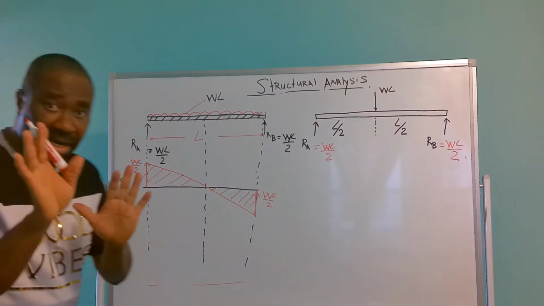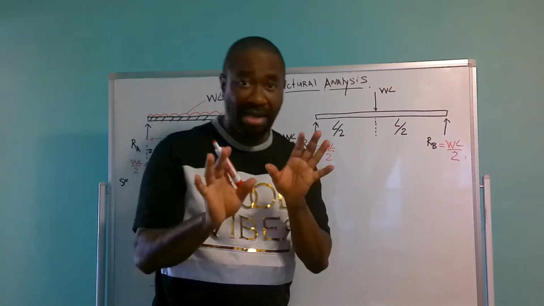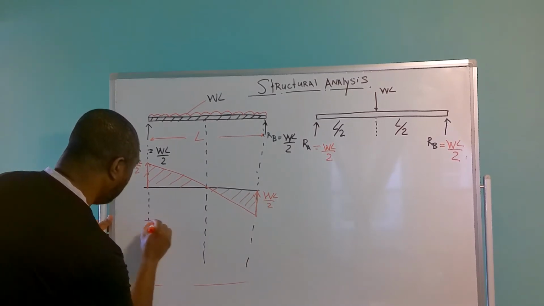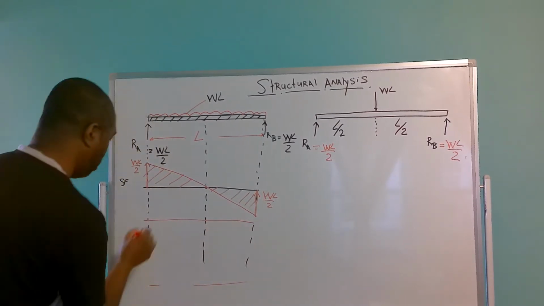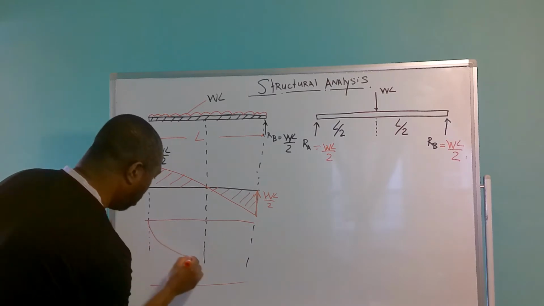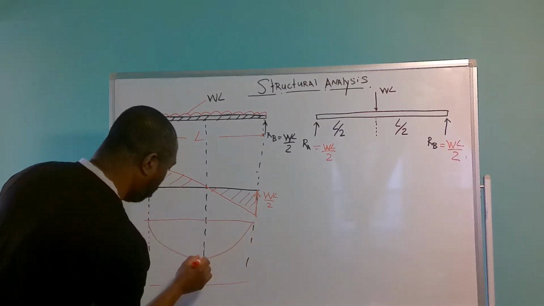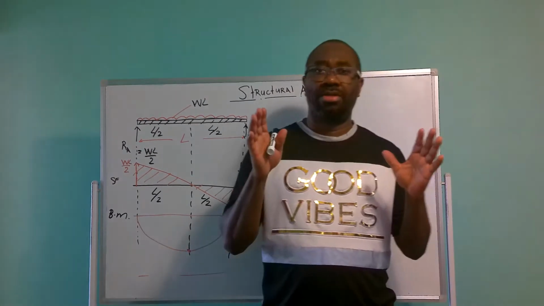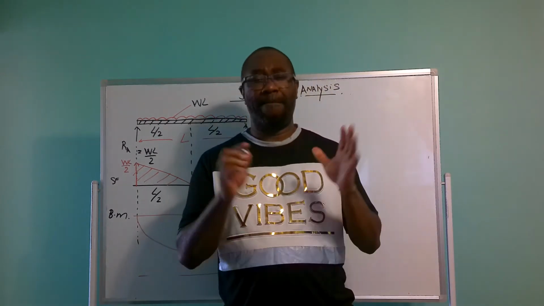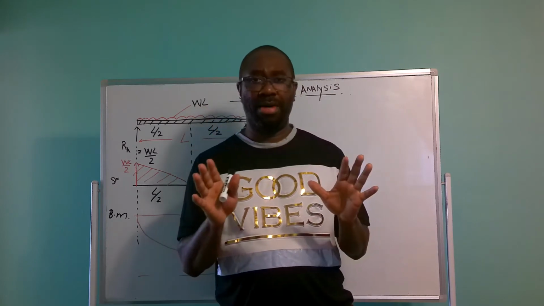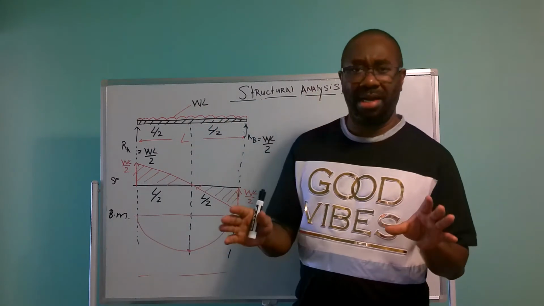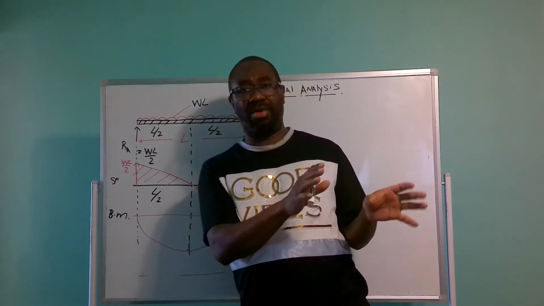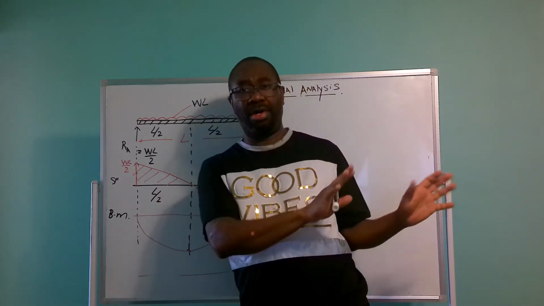And our bending moment diagram is going to look something like this. And at this point here is going to be the max. To calculate the maximum bending moment, we are going to approach this in a similar way as I did for the point load.